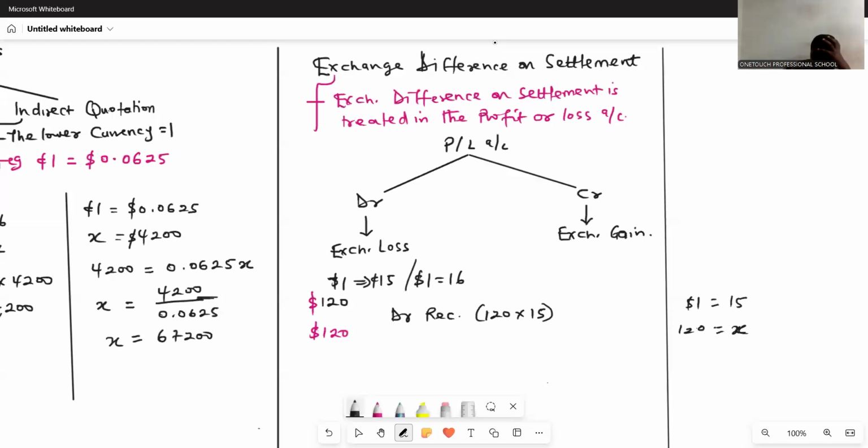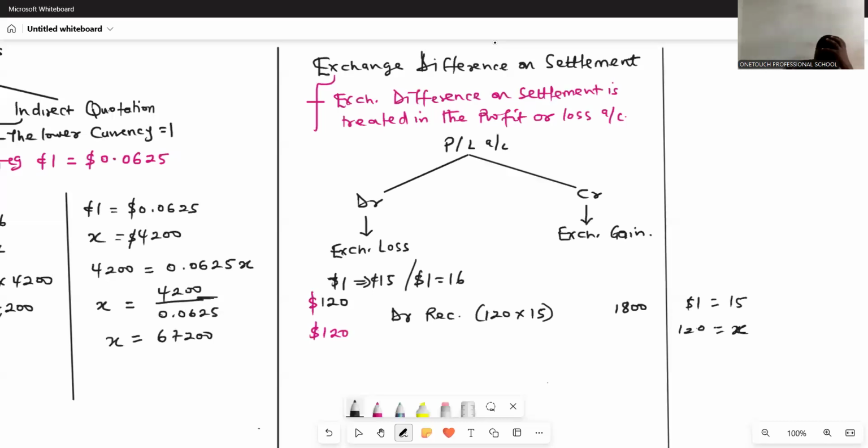Before you write 120 times 15, if you are not sure, you have to do the class 4, class 3 approach to know whether we are multiplying or dividing. So 120 times 15 gives us 1,800.